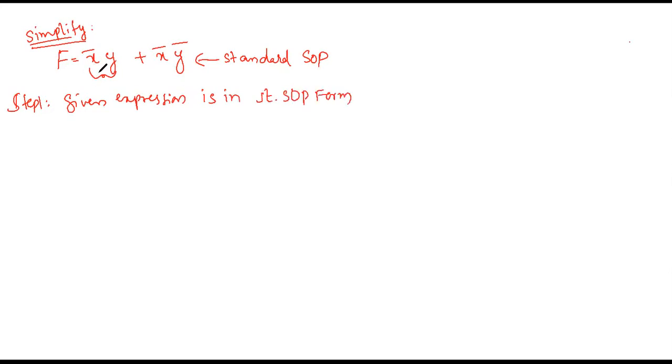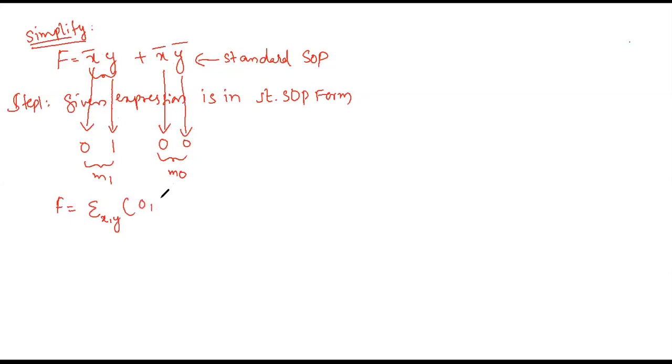So we need to write the mathematical equation: complement is replaced with 0, variable is replaced with 1. So it is m0, m1. So F is equal to sigma of x, y (0, 1). Okay.